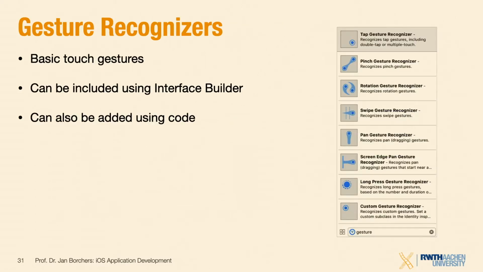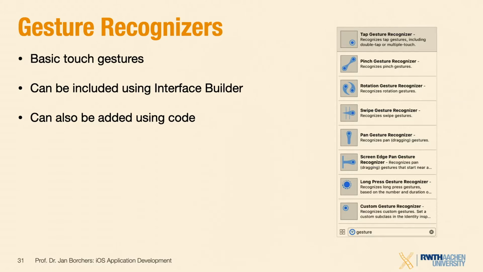Now, how do you actually get into interacting with all this stuff? Well, one way to do that is to use gesture recognizers. Gesture recognizers are available to you when you build your iOS app inside Interface Builder. So basic touch gestures are things that you don't need to worry about.